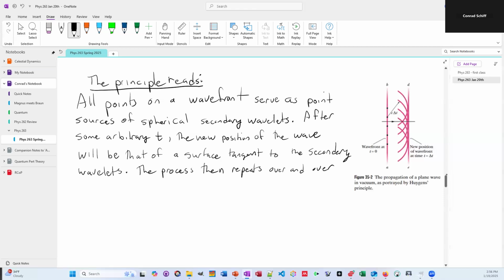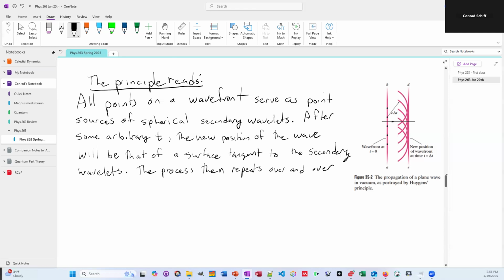After some arbitrary time, t, the new position of the wave will be the surface tangent to the secondary wavelets. The process then repeats over and over again. So your book offers this sort of picture where each point on the wavefront represents a little source that sends out spherical waves.